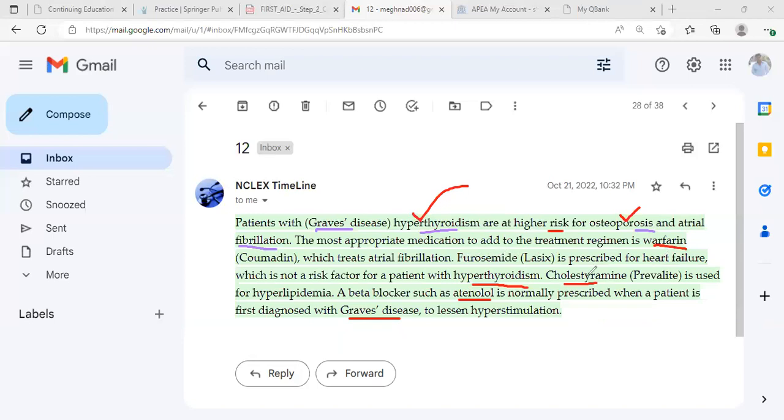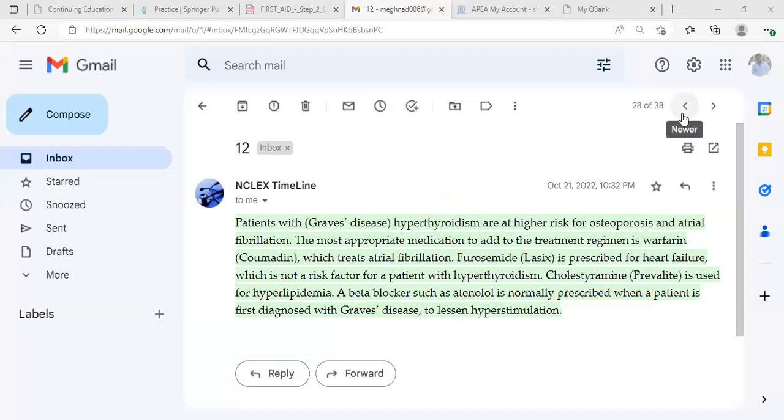A patient has hyperthyroidism with hyperlipidemia, we give them cholestyramine. If a patient has Graves' disease, we can also treat with atenolol. A beta blocker is given at first diagnosis of Graves' disease because the patient has tachycardia as well. Also, it lessens the hyperstimulation.